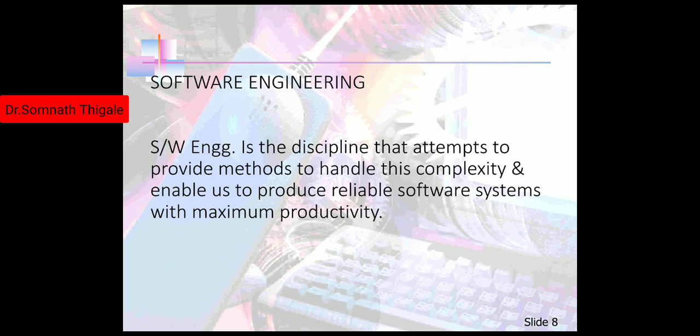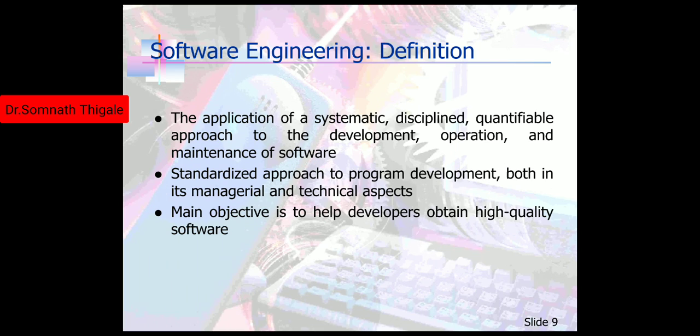Further definitions: it is the application of a systematic, disciplined, quantifiable approach to the development, operation and maintenance of software. A standardized approach to program development in both managerial and technical aspects, and its main objective is to help developers obtain high quality software.